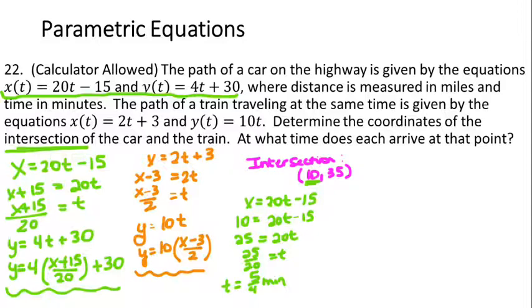Now we could do the y equation also and set it equal to 35. We would end up with the same answer because the car is going to arrive at both coordinates at the same time. So really you just need to do one coordinate. So now I'm going to do the same thing for the train. Our train, this time I'll use the y equation. Y is equal to 10t.